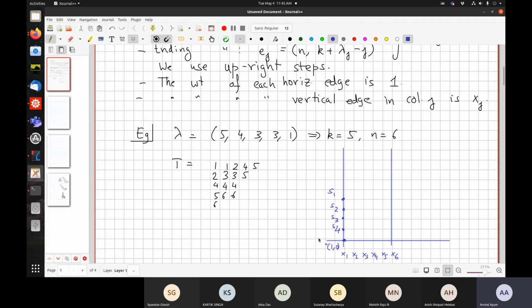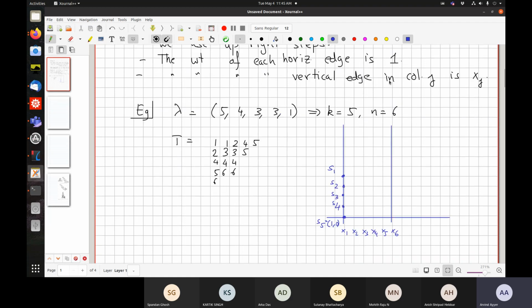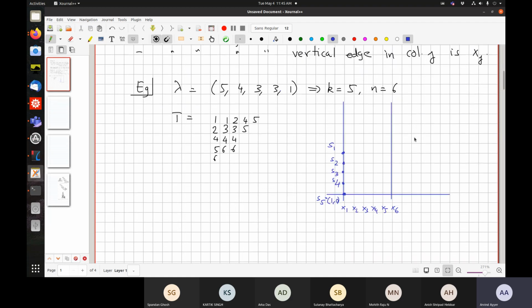This is S5. Okay, so where is E1 now? E1 is at height 5 plus lambda 1, which is 5 minus 1, which is 9. So this was 4, 5, 6, 7, 8, 9. So this is E1.